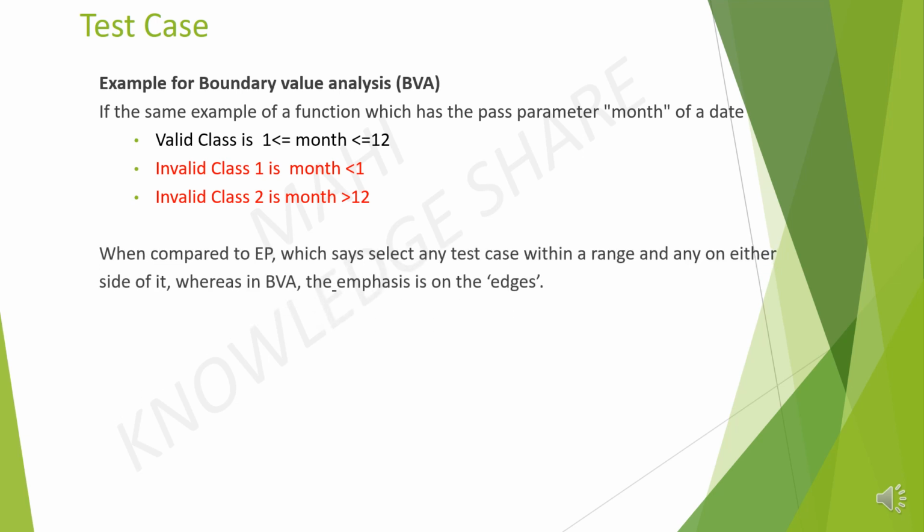When compared to equivalence partitioning, which says select any test case within a range and on either side of it, in boundary value analysis the emphasis is on the edges.